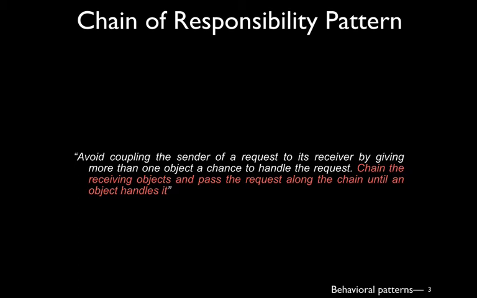Now, if no object really handles it, the message may eventually disappear. Of course, if that's very important, we can always subscribe an object at the very tail end of the chain that will report back an error. So if you pass an object and that passes the message to another object, another object, another object, how does it really feel? Well, sometimes it feels like it's talking to a government, at least my government here.